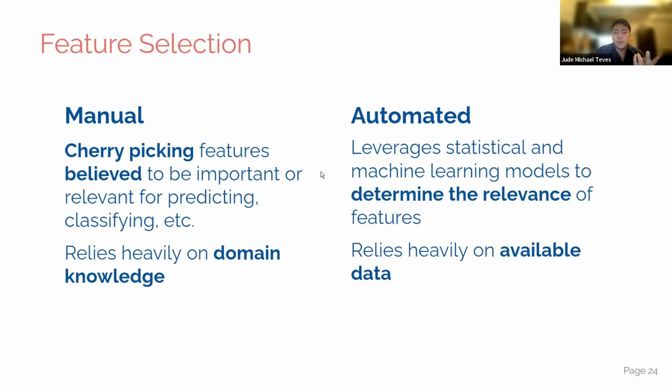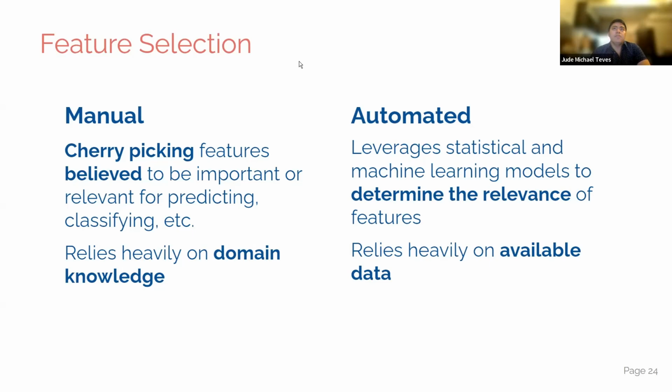Feature selection, there are two ways that you could do. One is manual, so you cherry pick the features, and it relies heavily on domain knowledge. You have to be an expert. How do you know that this particular feature is helpful in terms of training your machine learning model? I don't know. As for the automated one, you could use statistical techniques.